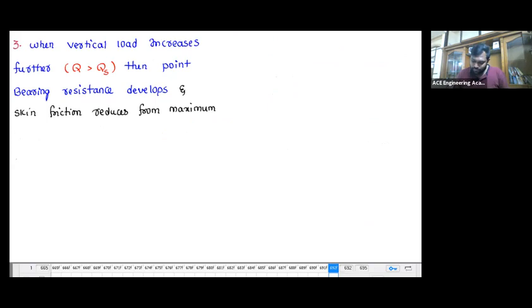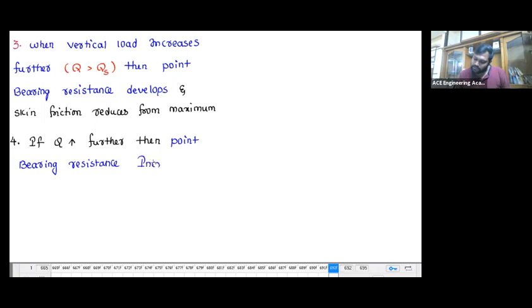And now the fourth one: if the vertical load increases further, then the point bearing resistance increases and becomes maximum.